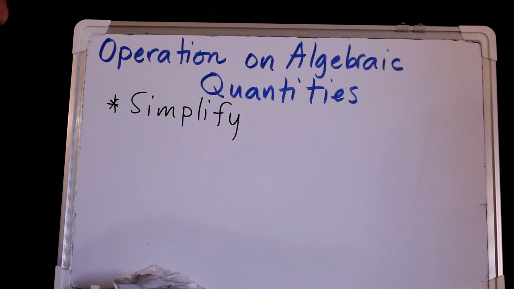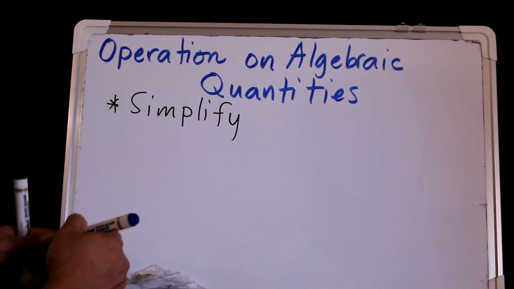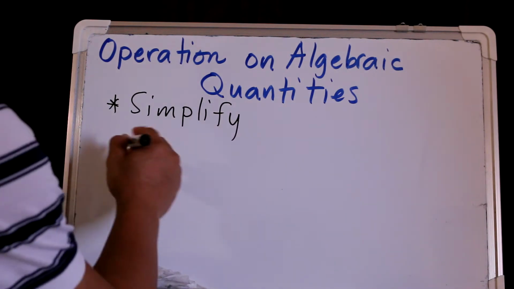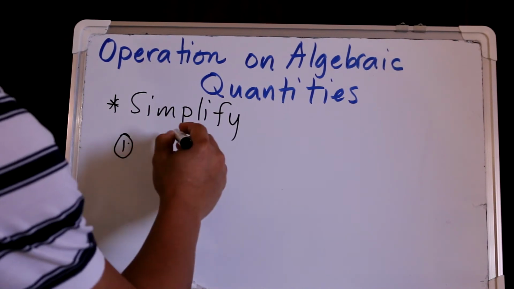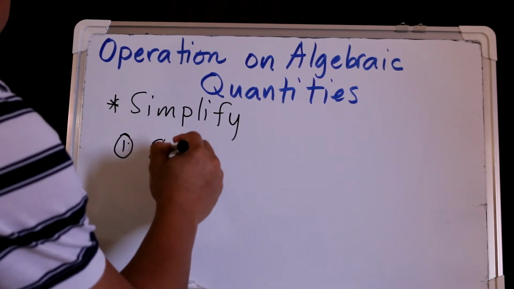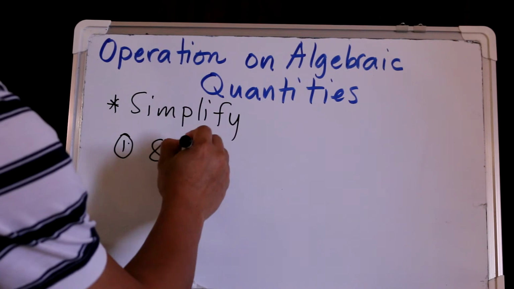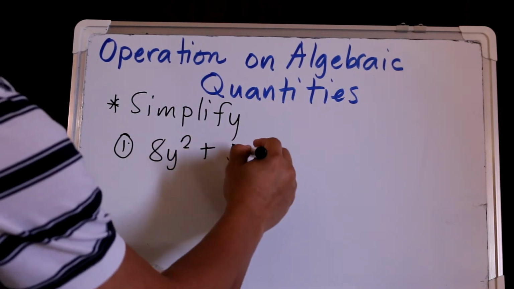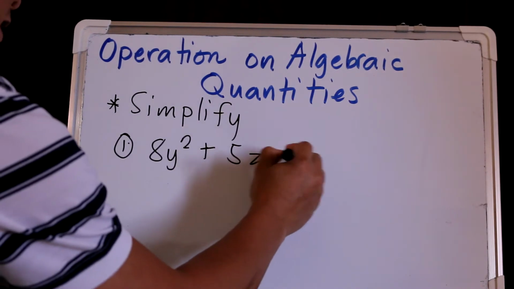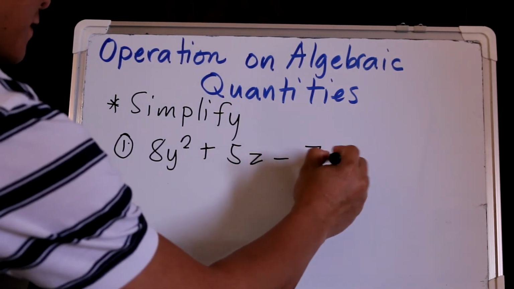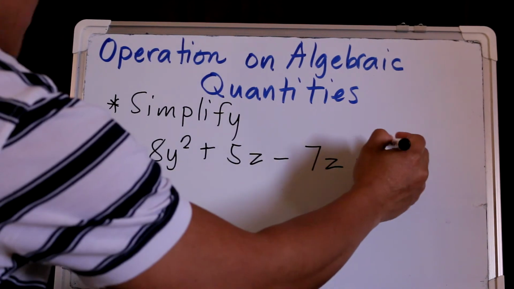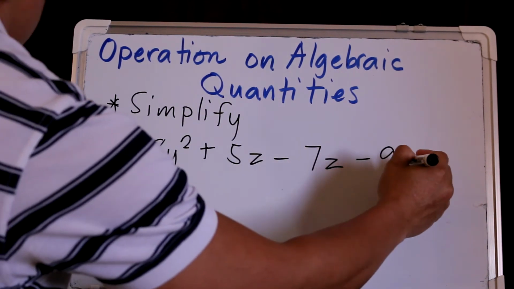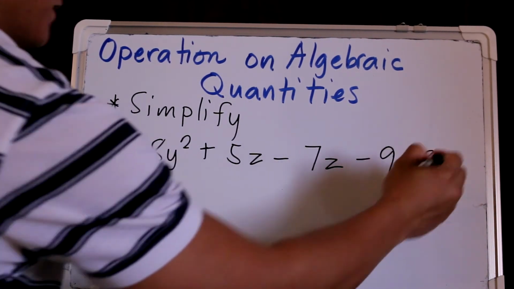Okay, so let's simplify numbers. Let's say number 1. You are asked to simplify 8y squared plus 5z minus 7z minus 9y squared.